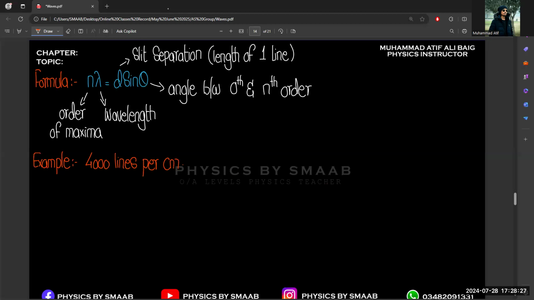So in your question, you will get the number of lines like this: 1000 lines per centimeter, 200 lines per millimeter.